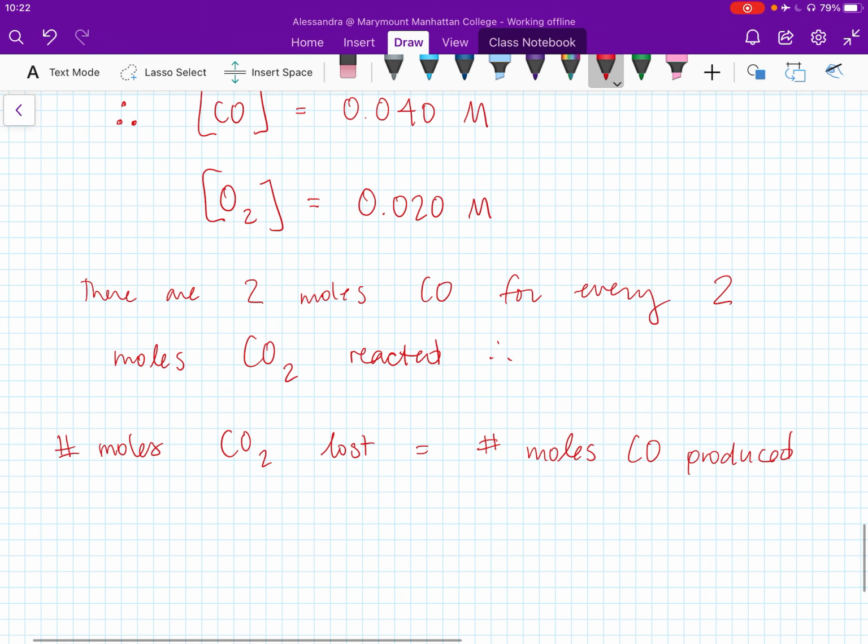And in this case, that is going to be equal to 0.040 moles per liter or molar.